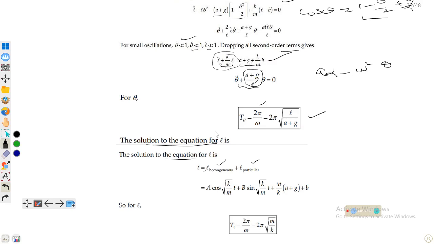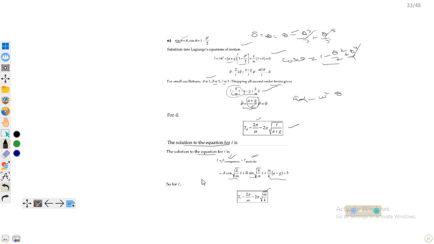If we solve this equation, we know that L will be equal to L homogeneous plus L particular. This is the solution for the homogeneous part, and this is the solution for the particular part. So for L, our time period will be equal to 2 pi over omega, and omega is equal to the square root of K over M. So this is the total time period for L. I will stop at this point and meet in the next lecture.